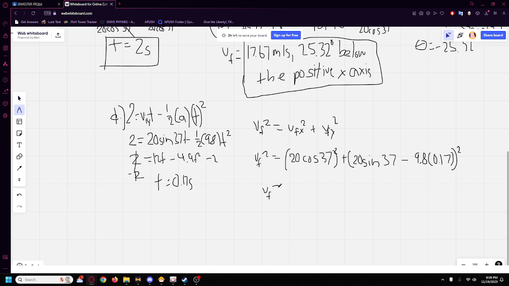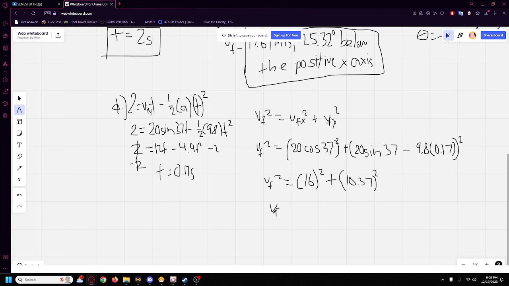So this simplifies to about 16 squared plus 10.37 squared.